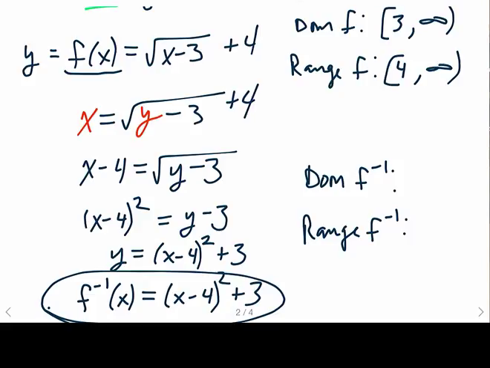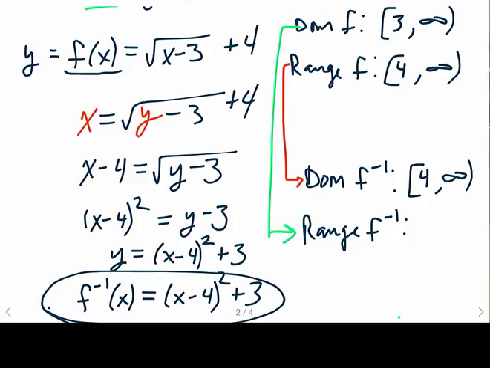As it turns out, the domain of f is the range of f inverse, and the range of f is the domain of f inverse. And so if we have already figured out the domain and range, we don't have to think about it anymore. We can rewrite what was already there. So the domain of f inverse is going to be 4 to infinity, and the range of f inverse is going to be 3 to infinity, again with square brackets at the endpoints, because we do actually have those values as part of our intervals.